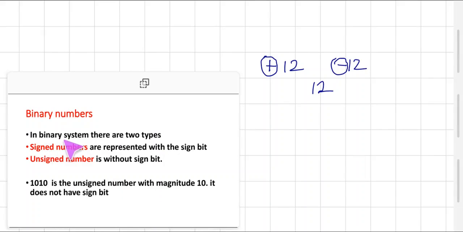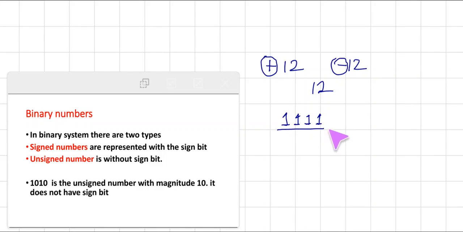In the binary number system there are two types: signed numbers, which have a sign bit, and unsigned numbers, which are without a sign bit. Let us consider this number, 1 1 1 1, as an unsigned number.